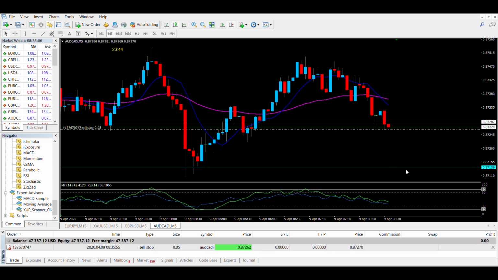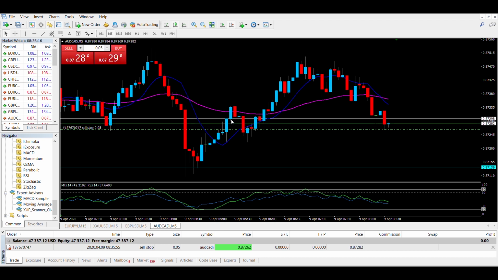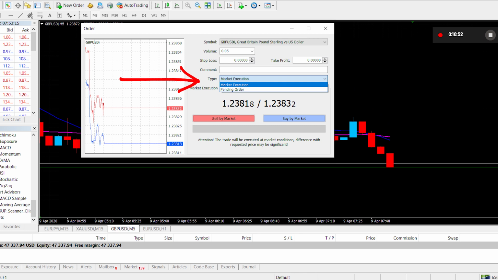So when you get a trade idea, if it is market execution, you will go here, click sell or buy. But before you get in any trade, you want to analyze the market yourself, okay? So you have a couple of options. You can get in here for market execution. You can click here to get in the trade. And that way you can do market execution or pending order.